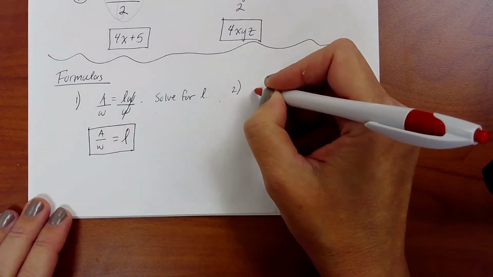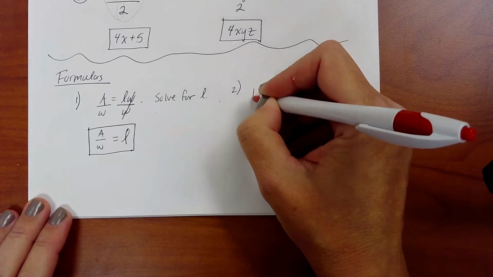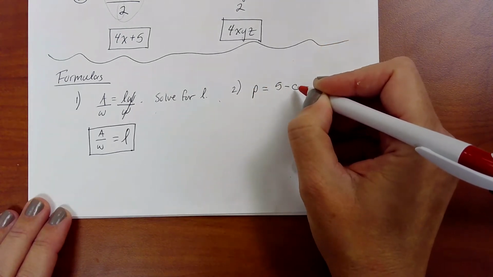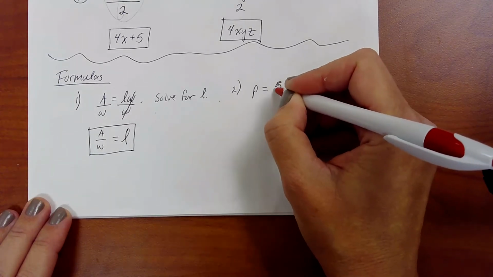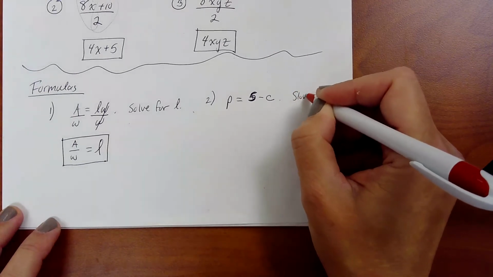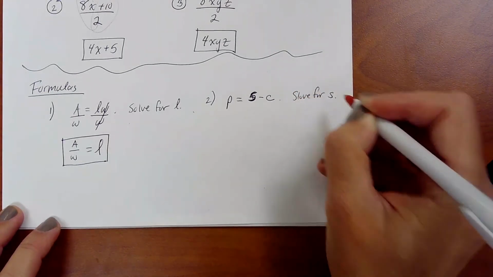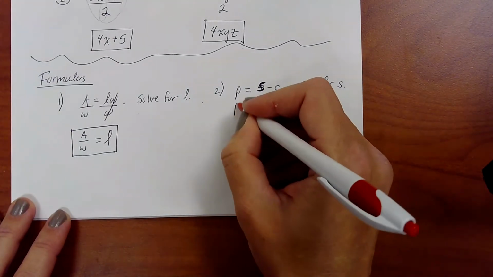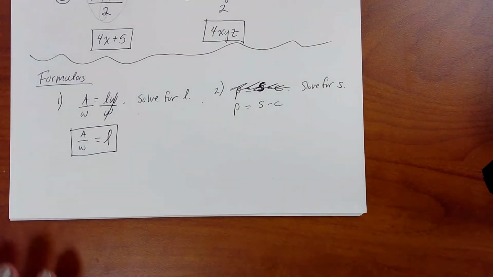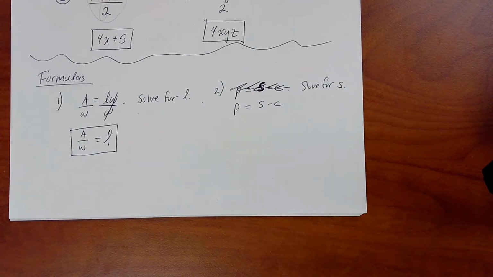Let's say, I don't know, P equals S minus C. Oh, that's an S. Solve for S. Let's rewrite it. That looks terrible. P equals S minus C. Okay. Solve for S. So how would you get S by itself here?